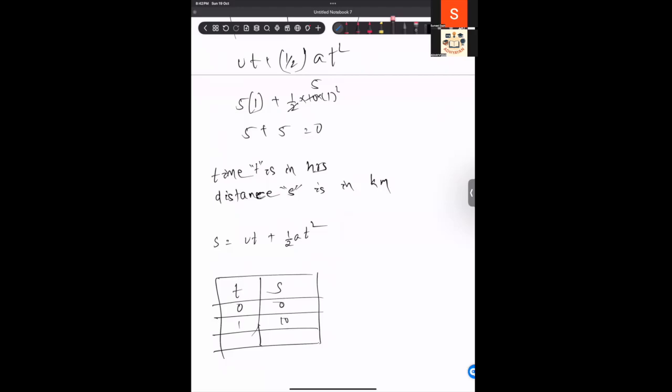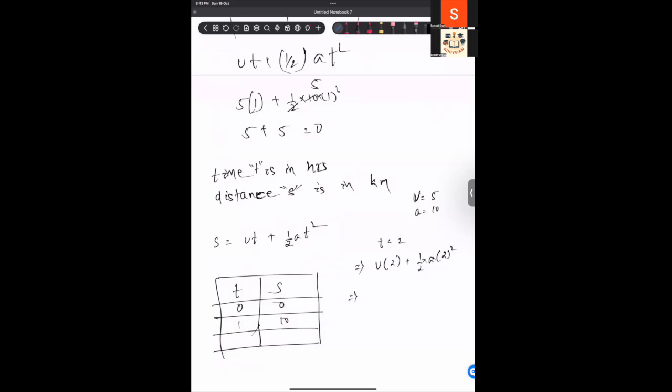And let's say I'm trying t equal to 2, which will become u into t, and u we have assumed to be 5, sorry, u is 5 and a is 10. Then u times t plus half a times 2 square.